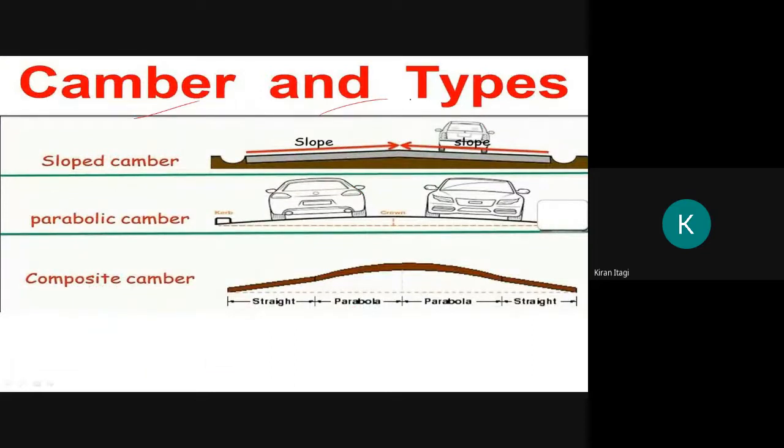And what about the camber and types? You know what is the use of camber? Just now I said it is just to run off the rainwater. Whenever the water flows, it will go back to the side drain. We have different types of camber. That is sloped, which will be like this.